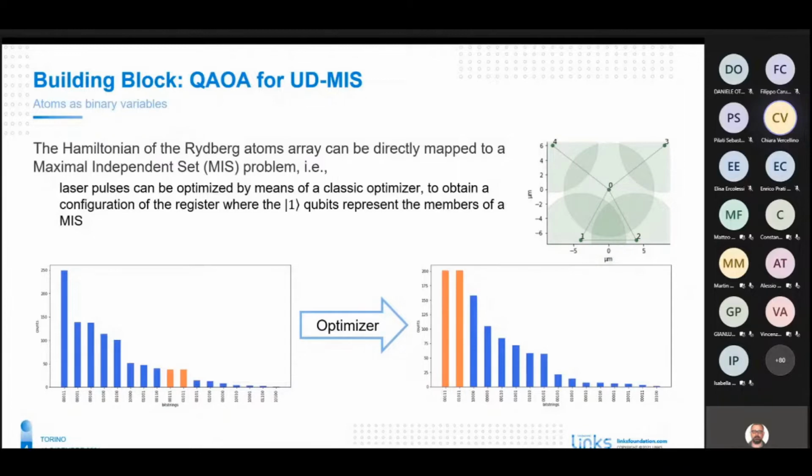This is obtained by a QAOA approach. An initial configuration of the laser is set, then a classical optimizer takes over, and the pulse configuration is optimized so as to obtain the MIS solution in the first position of the quantum distribution.